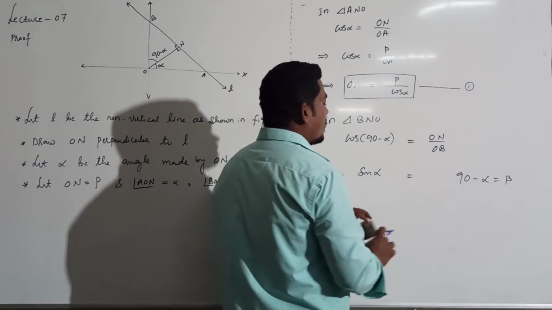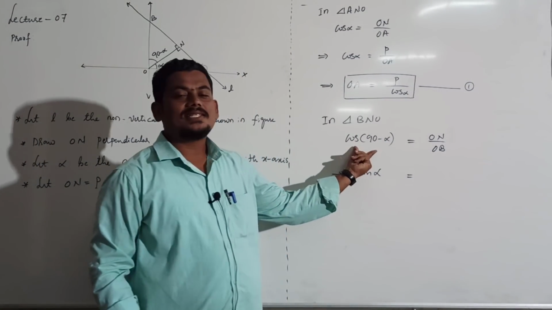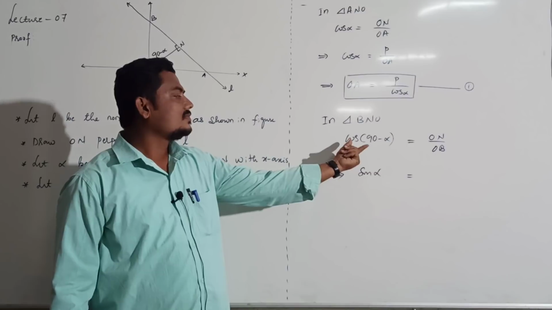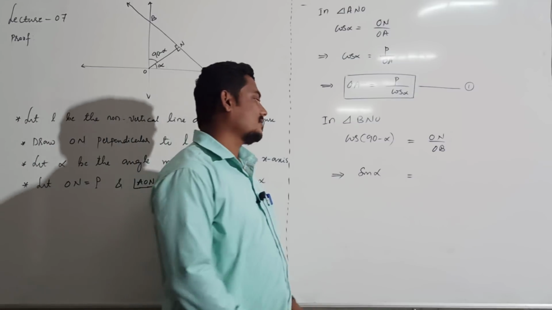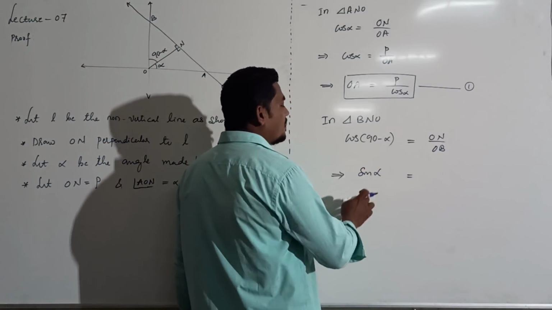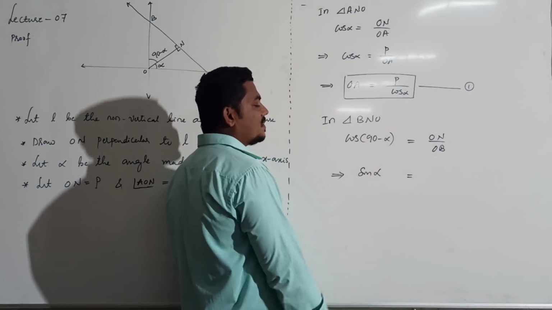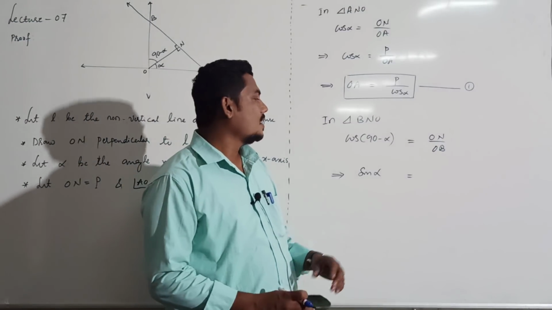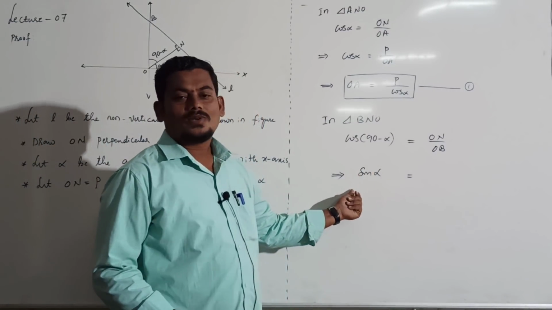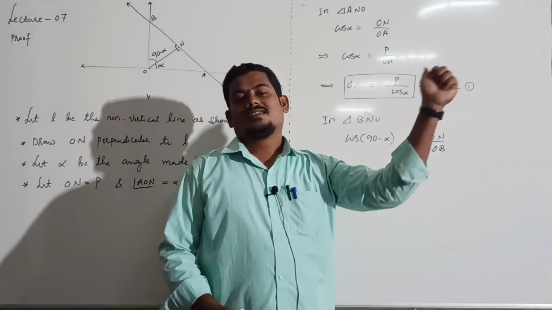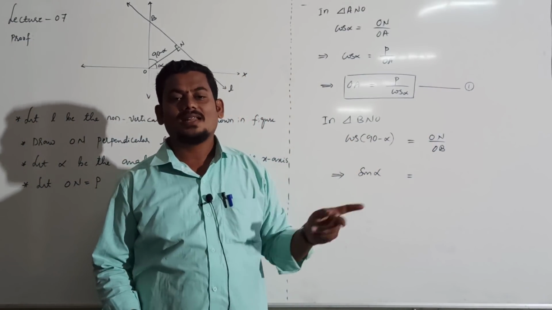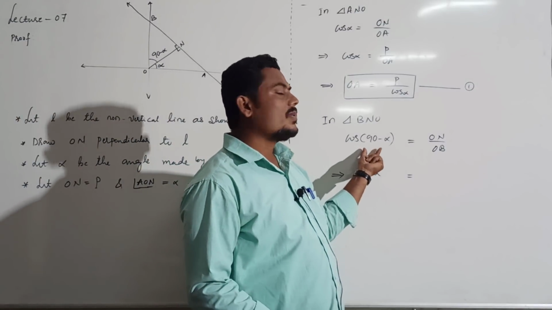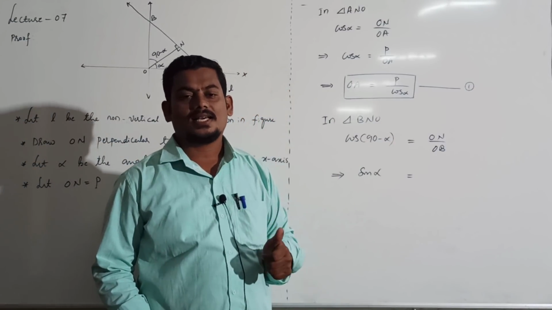If it is 90 plus then it will be minus. About this don't ask any question, because it is a well known concept in trigonometry. Cos of 90 minus theta is sin theta, right?